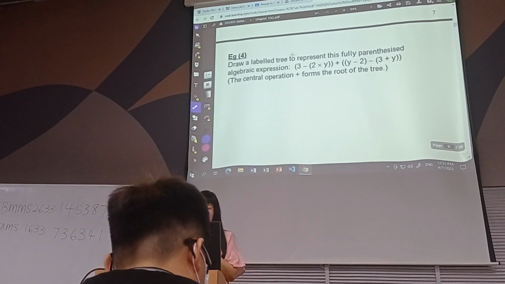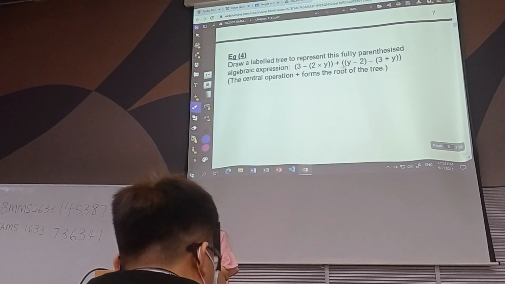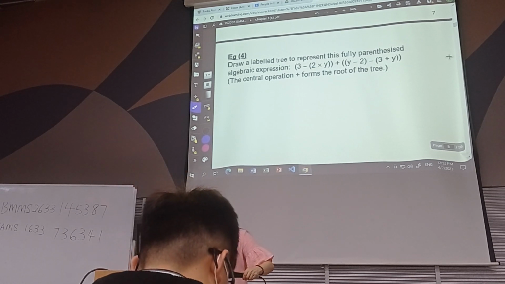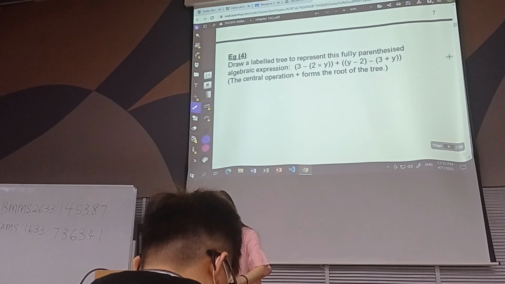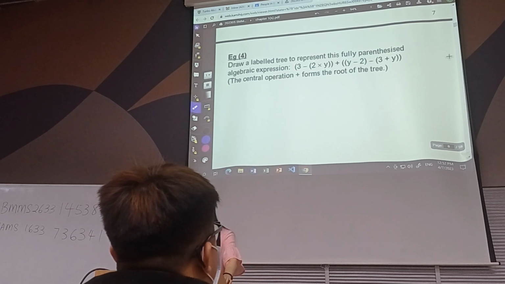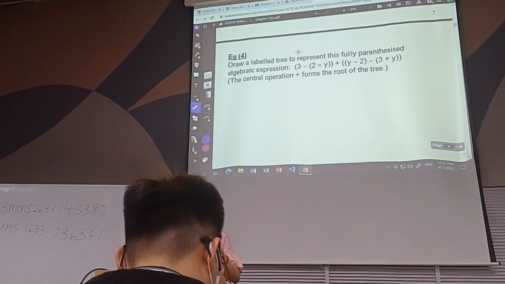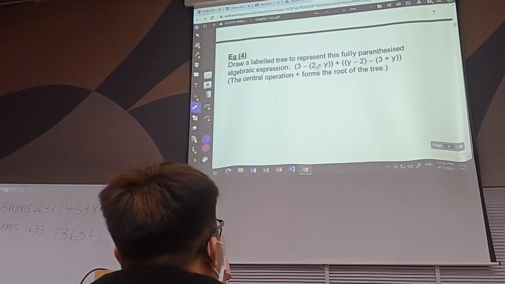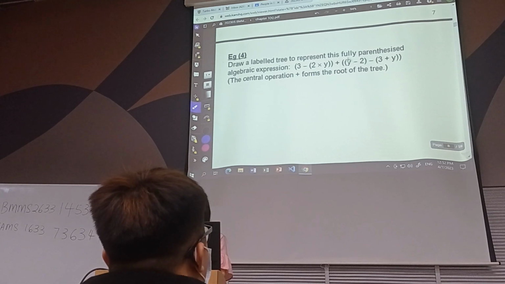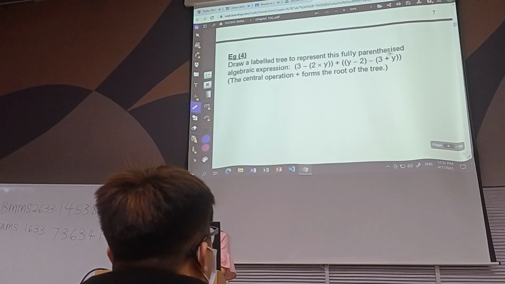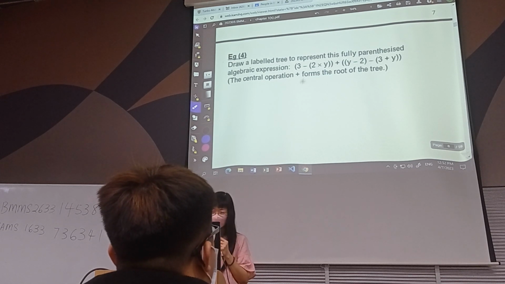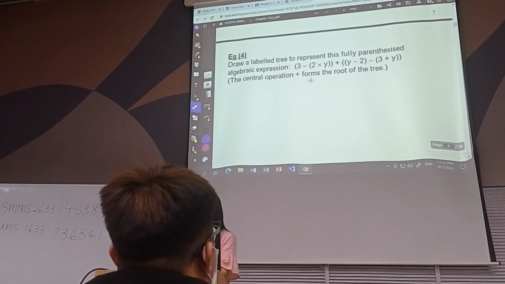If you look at this expression here, which one do you think will be the root? The left hand side is 3 minus 2 multiply y plus, you see the big bracket at the right, so you have y minus 2 minus 3 plus 1. Which one will be the first, the root here? First one.